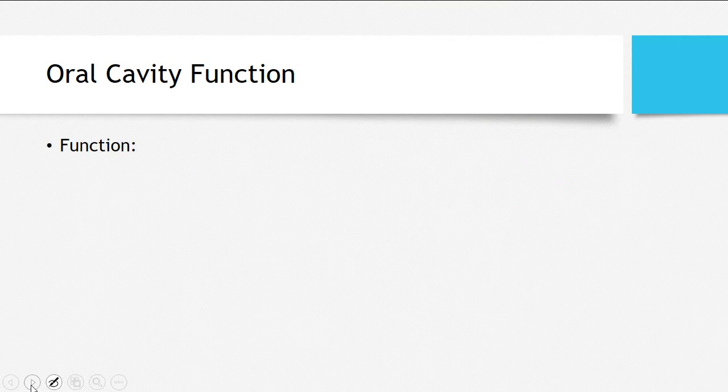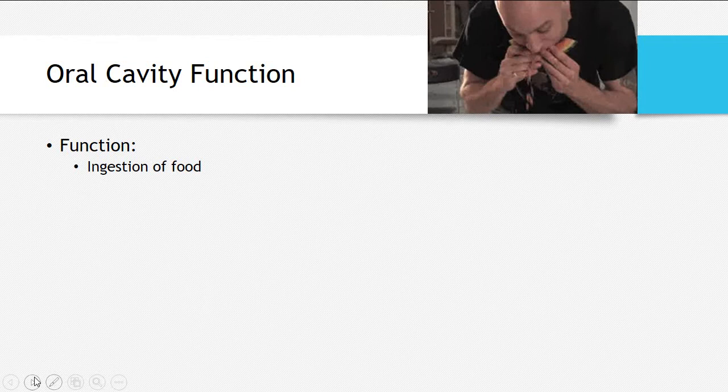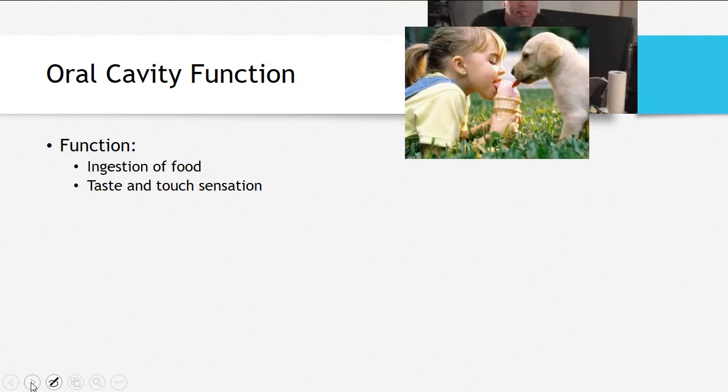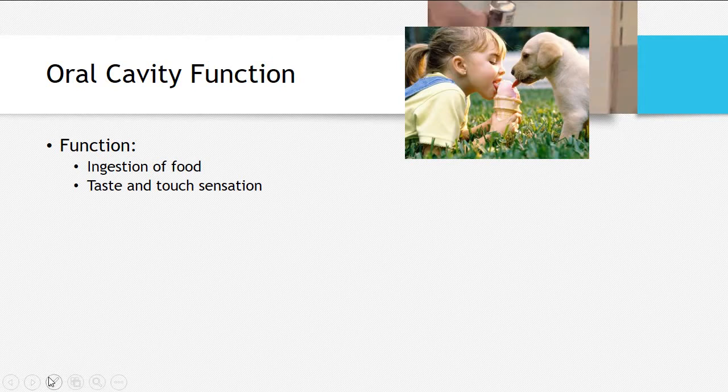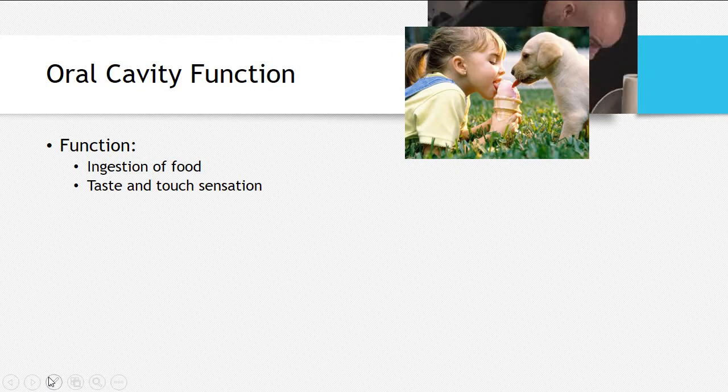Some of the functions of the oral cavity: one is ingestion of food, right? You're putting food into your oral cavity. Another is taste and touch sensation. We remember the taste and touch part of which cranial nerve? Seven for the anterior two-thirds of the tongue, right?